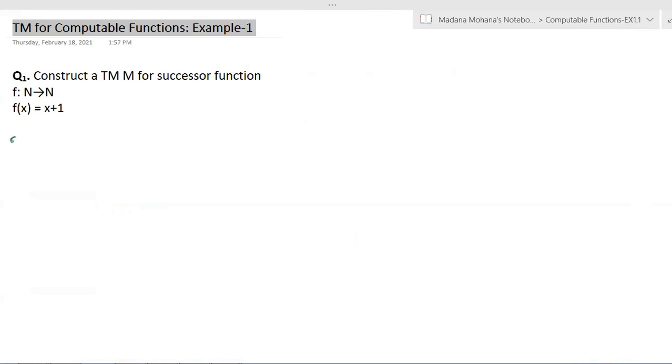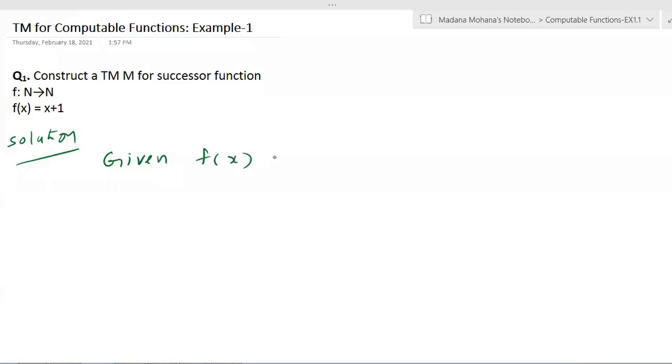So now let us see first here. Let us take the given function f of x equal to x plus 1. x is a parameter or argument.